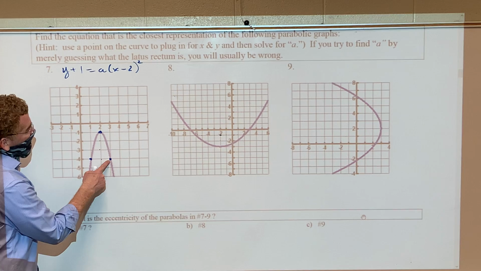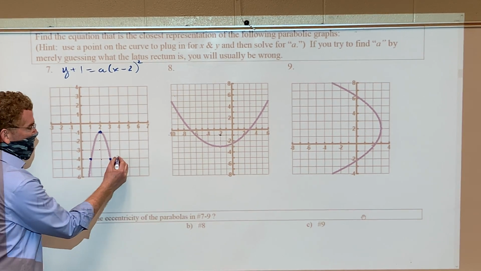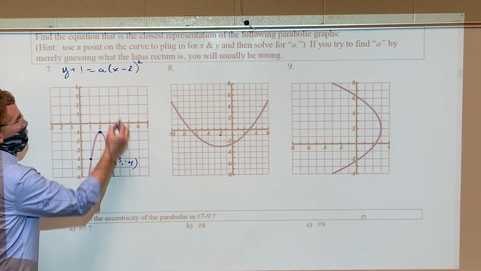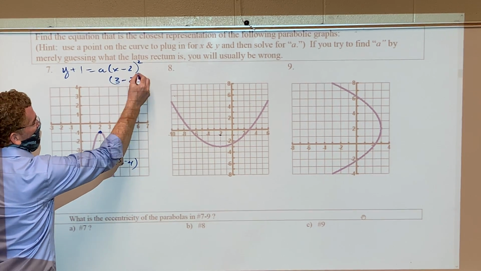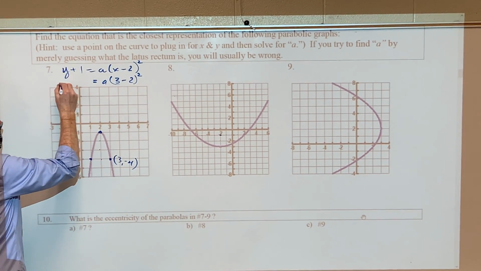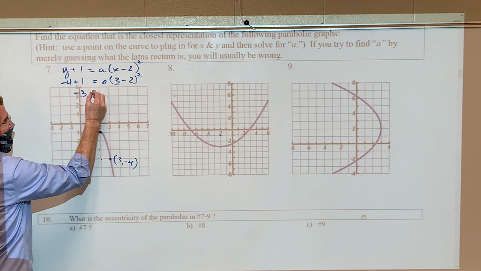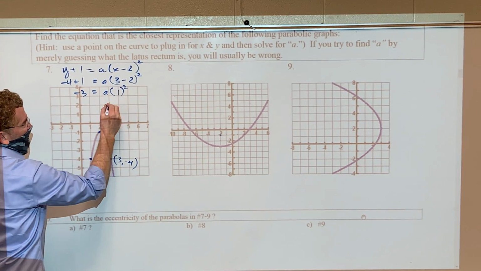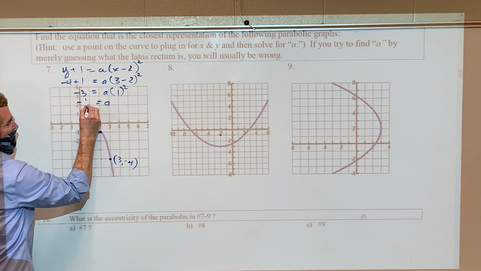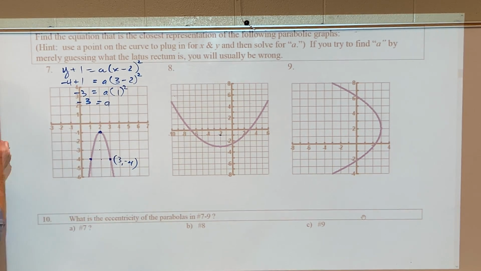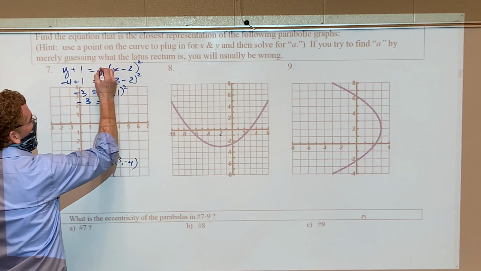I'm pretty confident that it's going through 3, negative 4. And if it is 3, negative 4, simplify, a is negative 3, which it was, right? Plug your negative 3 back in, you're good to go.